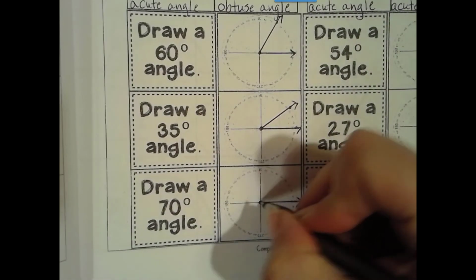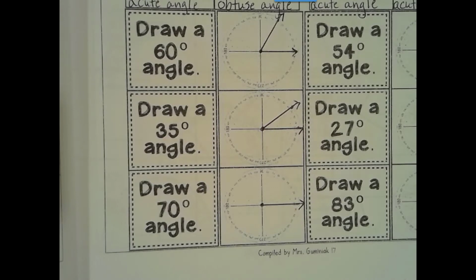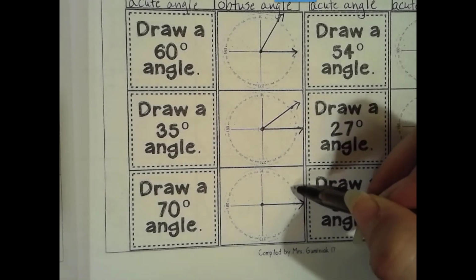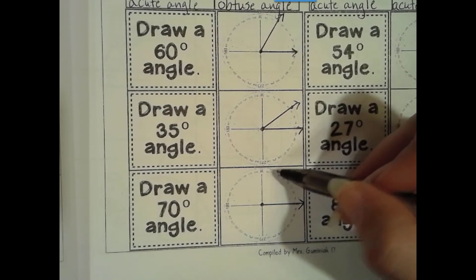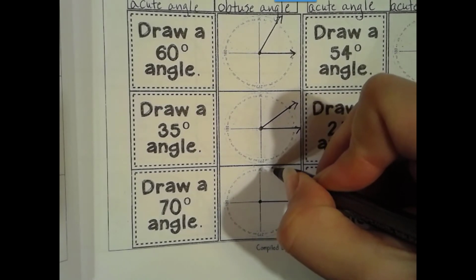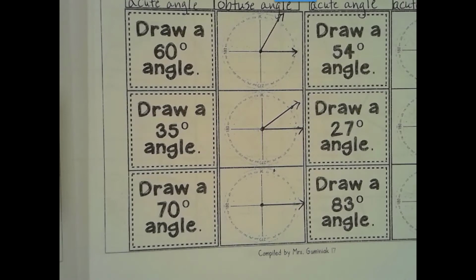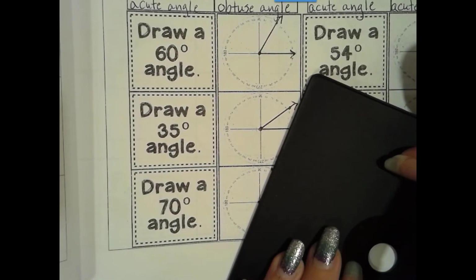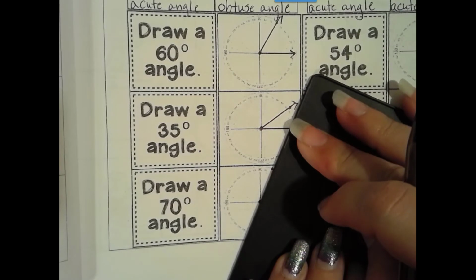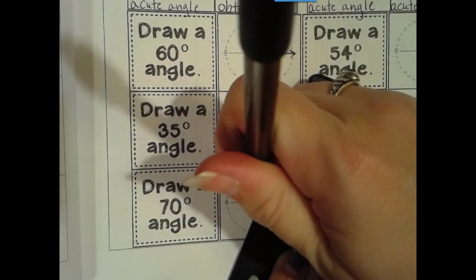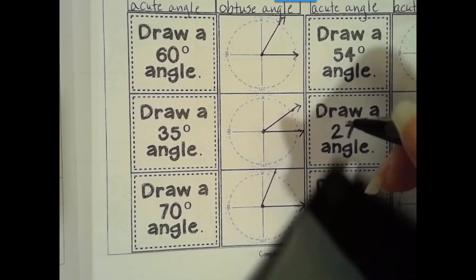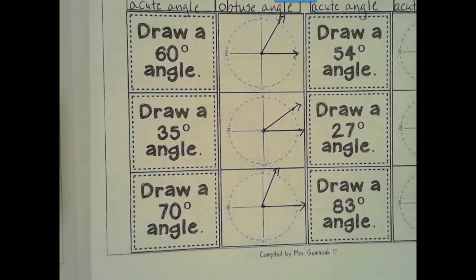The end point is at the center, so now we need to get to 70 degrees. 10, 20, 30, 40, 50, 60, 70. So we're going to line up those two dots. Put our arrow on.